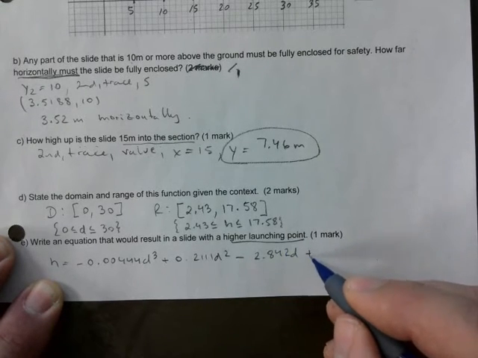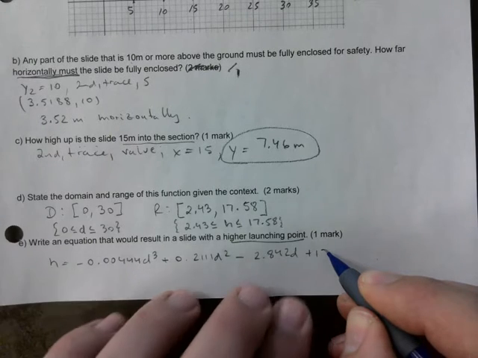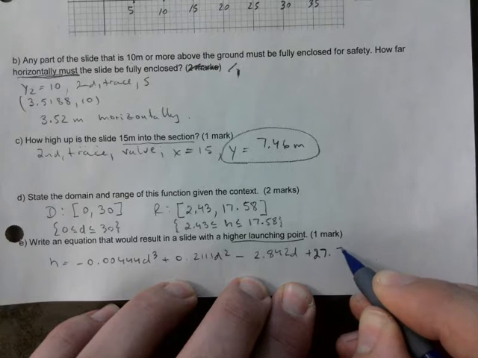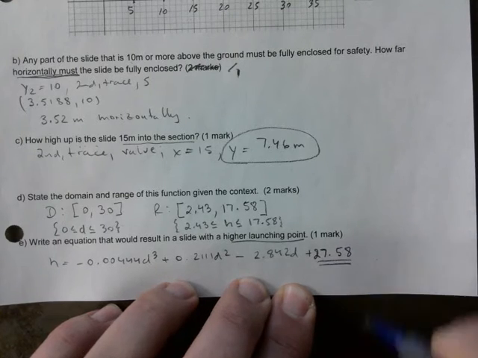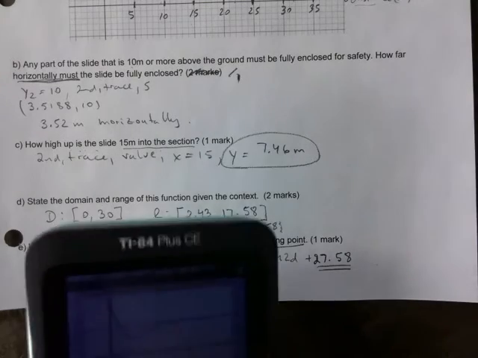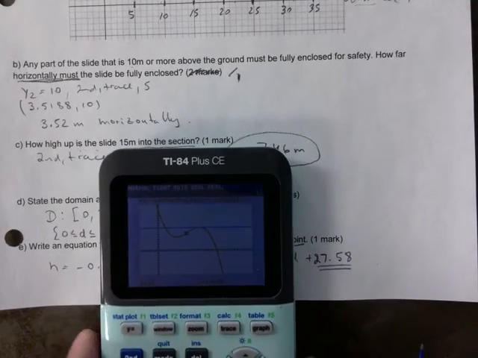You might think it's not that impressive, but I'm going to make this 27.58. Something along the d value has to be greater than the one before. If you were with me in grade 11 applied, you will know what I'm doing right now. If not, you're going to be a little bit lost, but I'm going to show you this later.